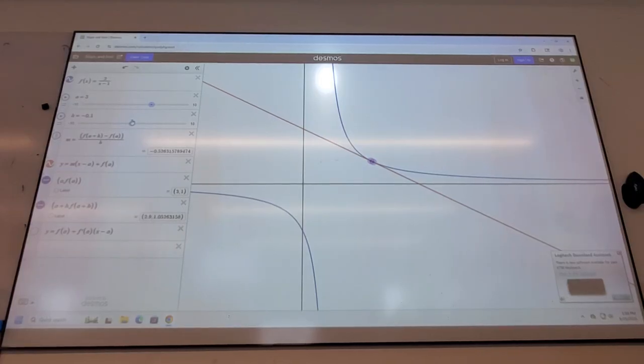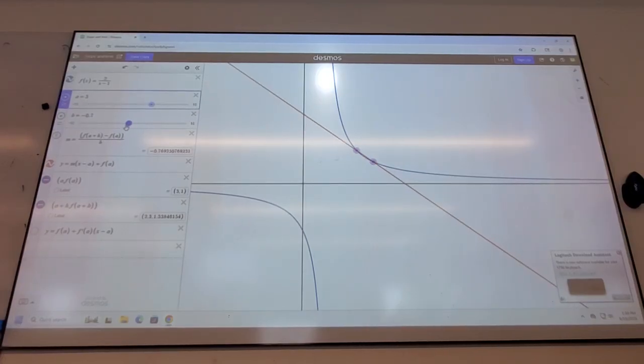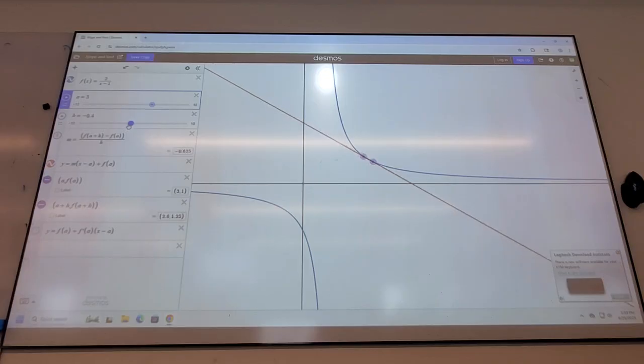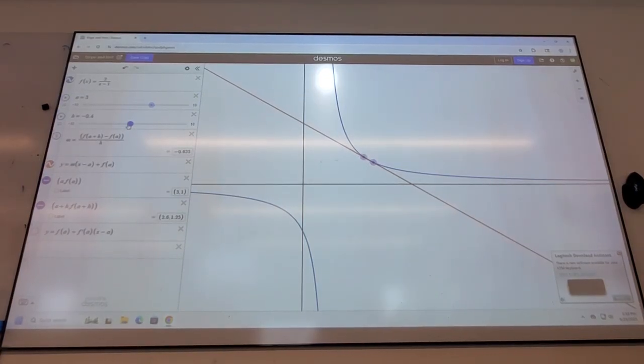Do you see how the slope has changed? There you go. Slope is bigger negative here, now it's smaller negative, correct? And that's exactly what we saw. It was negative 0.52, and then it was negative 0.502. Yes, it got smaller and smaller in magnitude.